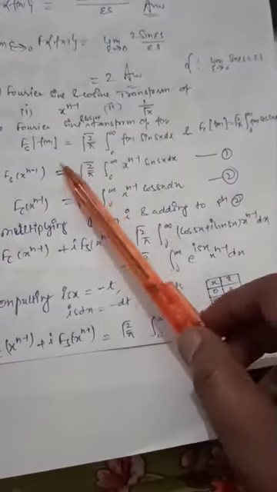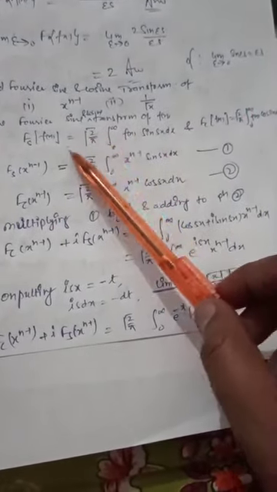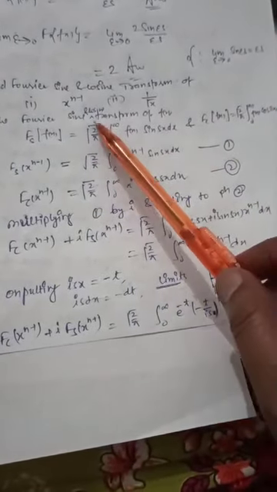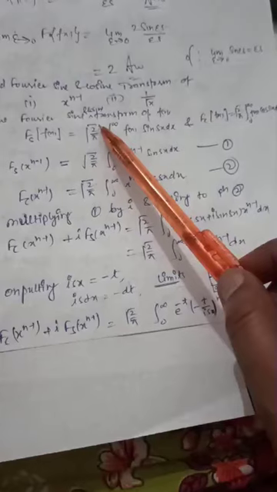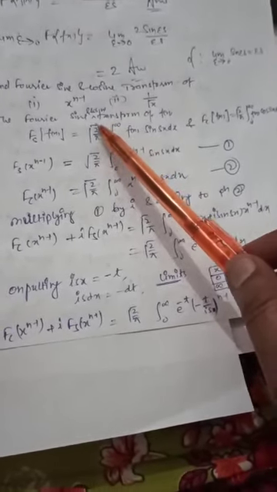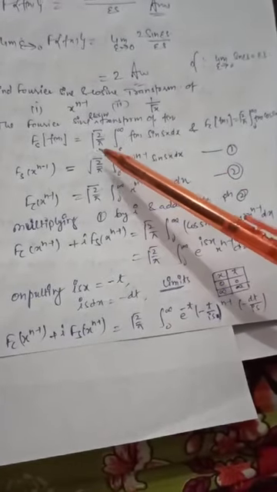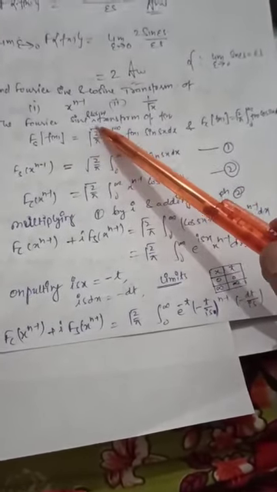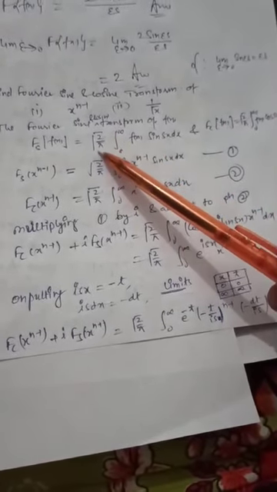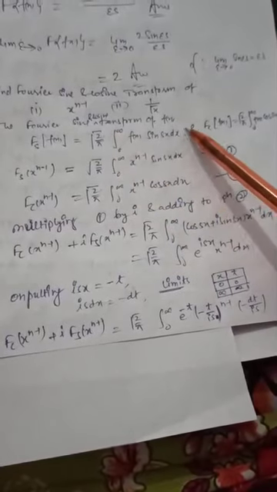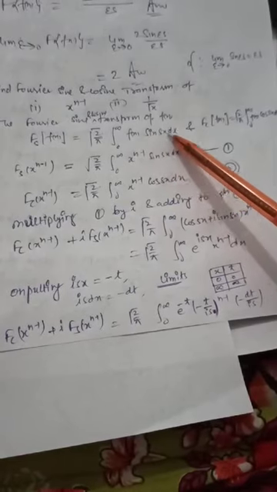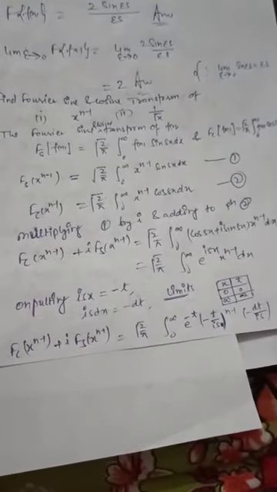So this is not a problem. Either you can take the under root 2 upon pi or do it without. Only the results are going to change, because with under root 2 upon pi the results are different, and without it the results are different. But the method of integrating 0 to infinity of f(x) sin sx dx does not change.